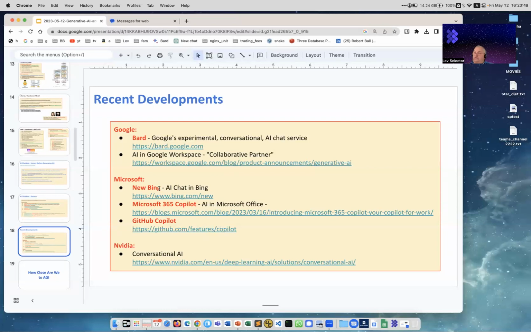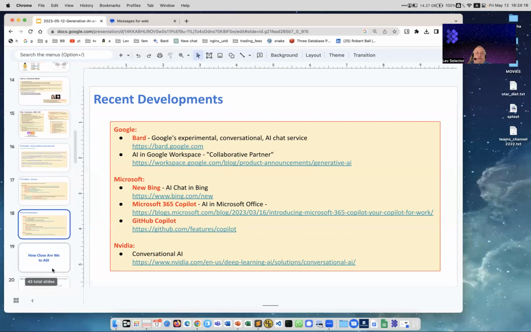Microsoft is very closely associated with ChatGPT, with OpenAI, and they provide all the OpenAI services inside the Azure cloud as paid services for their clients. But Bing, somehow I didn't like it. I didn't find it as useful as ChatGPT. Microsoft 365 Copilot, GitHub Copilot, NVIDIA has its own models.